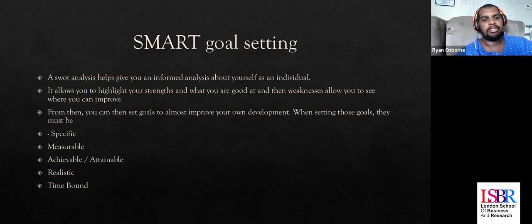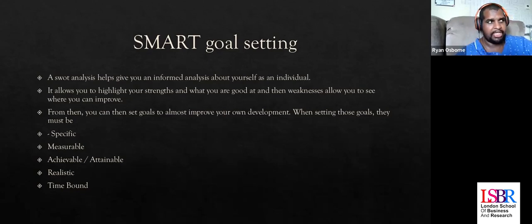So when setting those goals, we need to look at whether they are SMART. Now, in a coaching environment, in a management environment, leadership environment, these are the models that we use. So when you're setting your goals, the first thing is that the goals must be very specific.